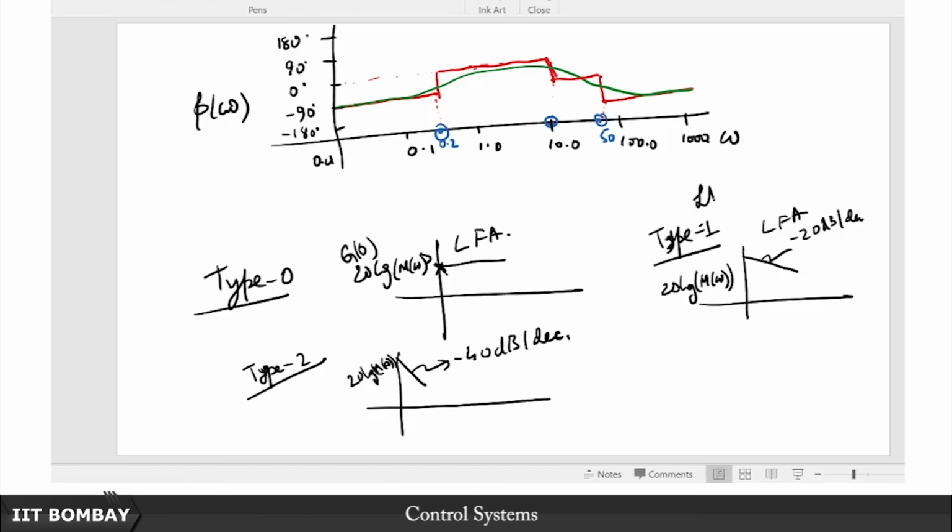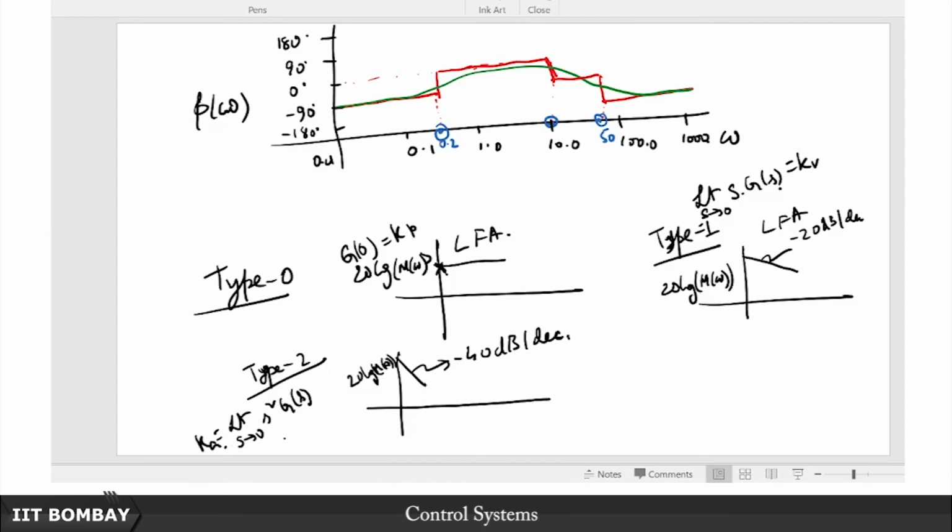In this case we have limit s tending to 0 of s times G of s, and in this case our variable of interest is limit s tending to 0 of s squared G of s, and we know that these have been given the names Kp, Kv, the velocity error constant, and of course Ka.